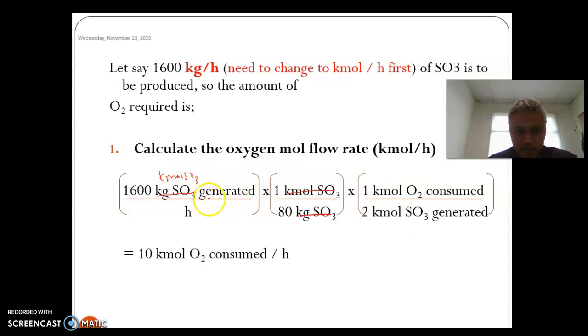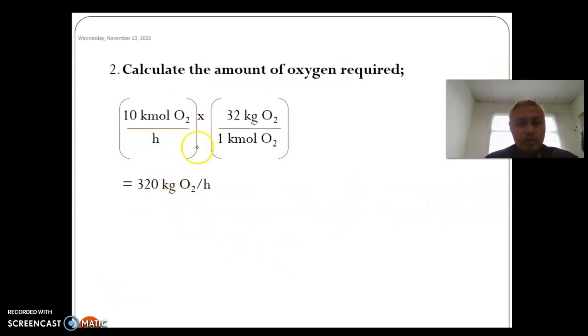So that means we can cancel this one with this one, and then we take 1600 divide with 80, then we get 20 divide with 2, we get 10. So the unit remains kilomole O2 consumed per hour. Then we need to convert back the unit from kilomole O2 to kilogram O2 per hour. So what we need to do is times with MR, we will get 320 kilogram O2 per hour.